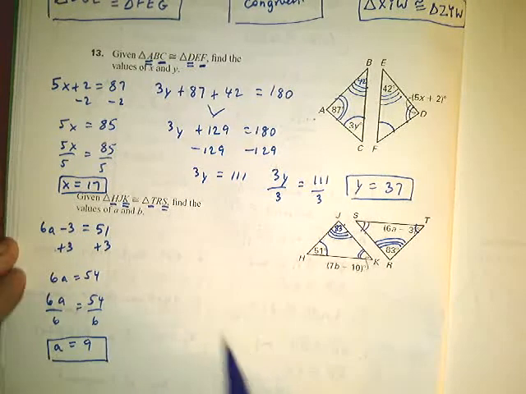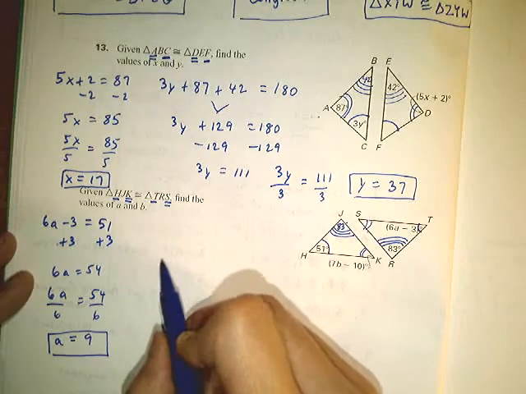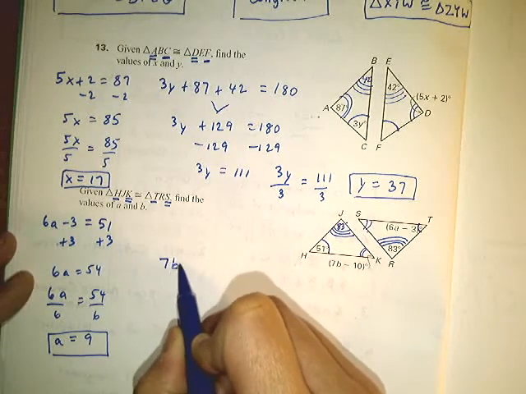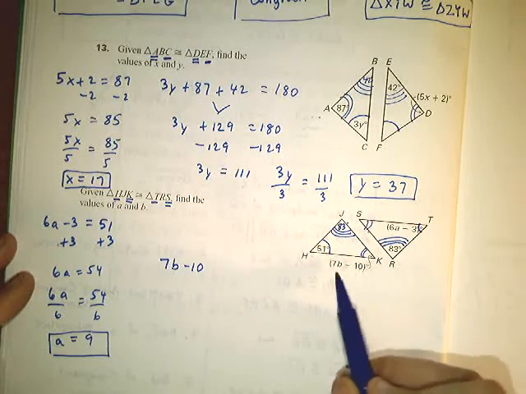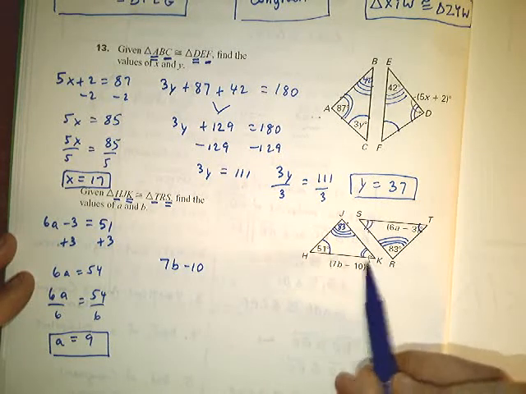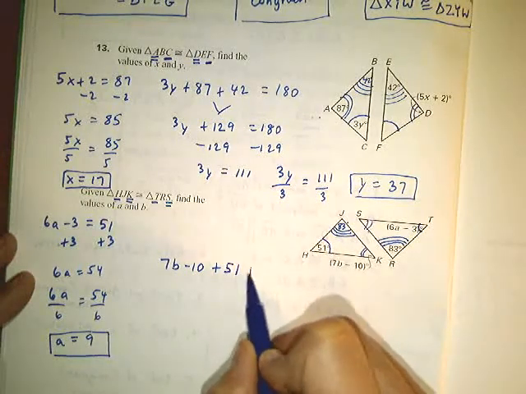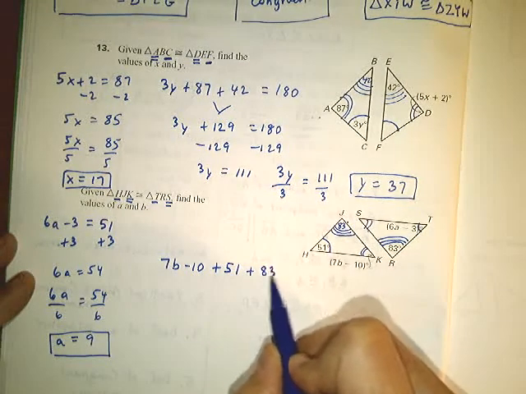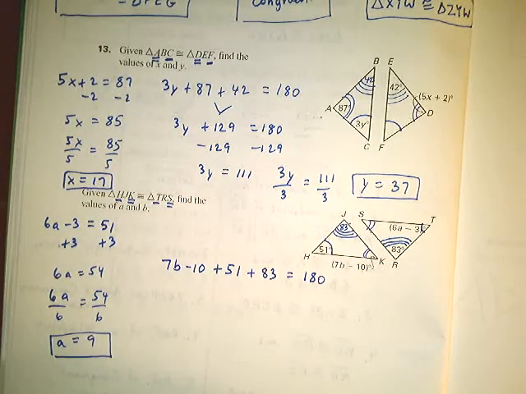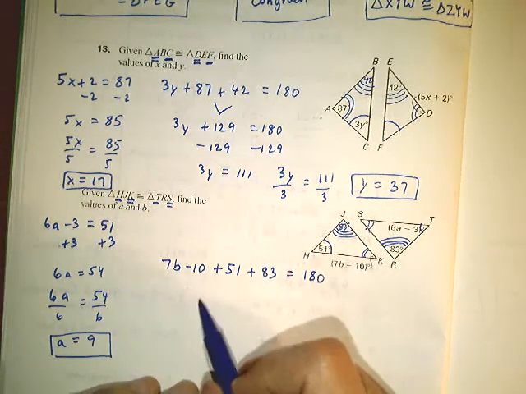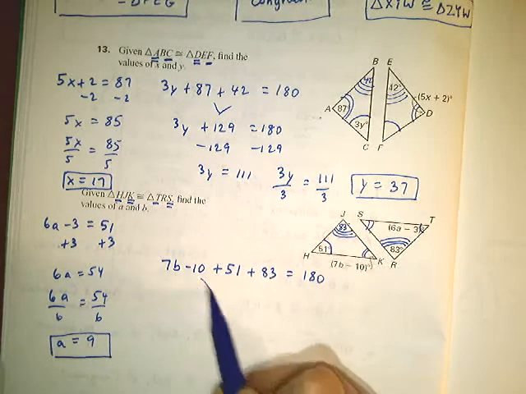So just like in example number 13 up here, I can use my interior angles theorem that says that if you add up all 3 angles inside a triangle, they add up to 180. 7b minus 10, that's the first angle, plus 51, that's the second angle, plus 83, that's the third angle. All 3 of those measures should give you a sum of 180. Alright, so I'm just going to put these 3 parts together.